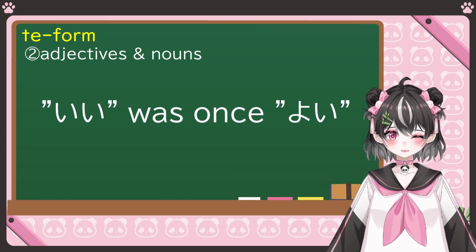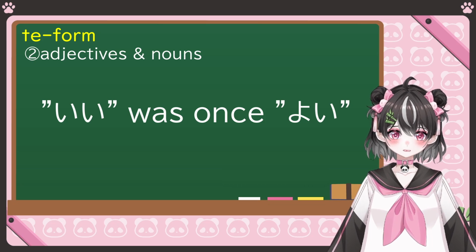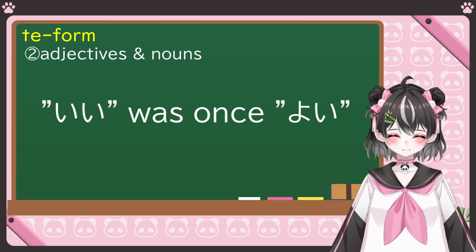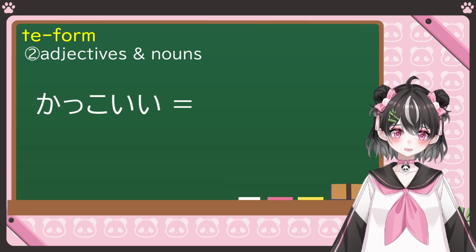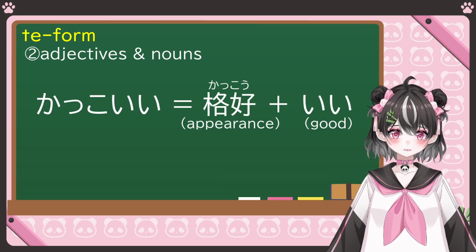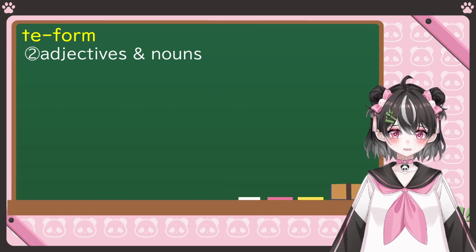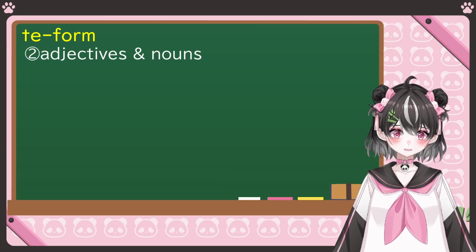Actually, even today, in formal writing like papers, it's still pronounced よい. かっこいい is made from かっこ plus いい, so it conjugates the same way as いい. Anyway, those are the only exceptions. Everything else follows the regular conjugation pattern.